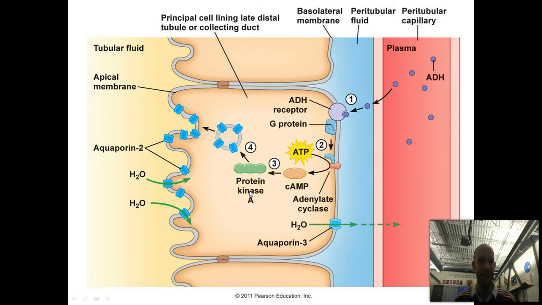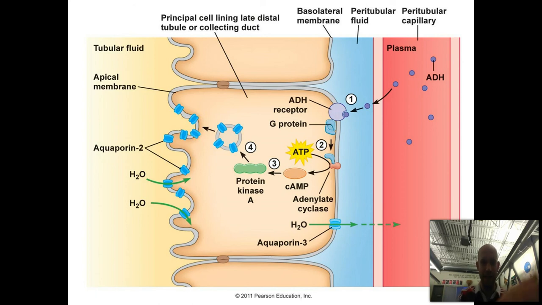Remember, protein kinase is the stuff that gets things done in a lot of cells by, think kinetic energy, phosphorylating other molecules. In this case, the protein kinase A causes these vesicles containing a large number of aquaporins to move to the outer surface of the cell.